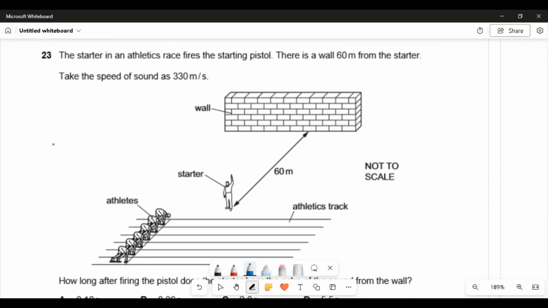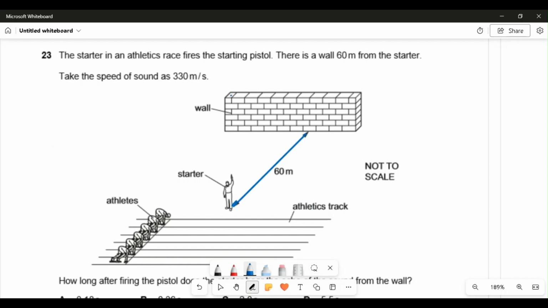Question 23. The starter in an athletic race fires the starting pistol. There is a wall 60 meters away. We can see the distance from this starter to the wall is 60 meters.